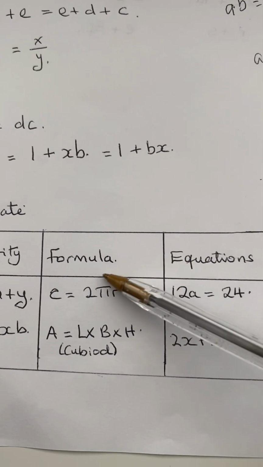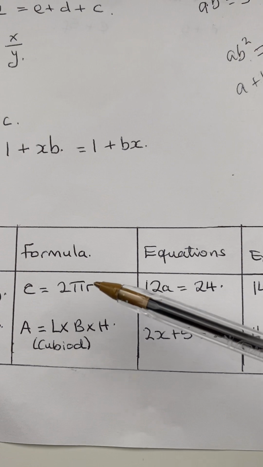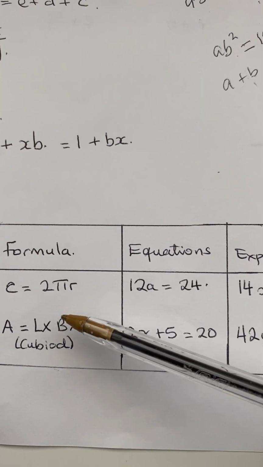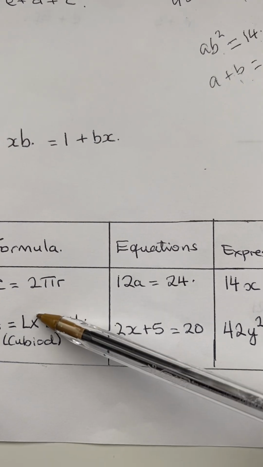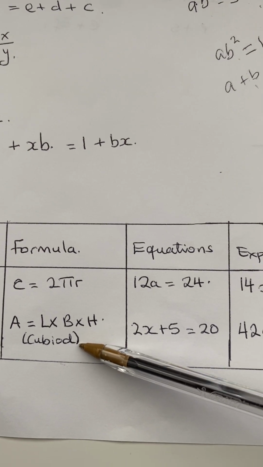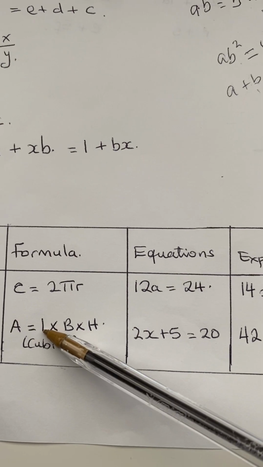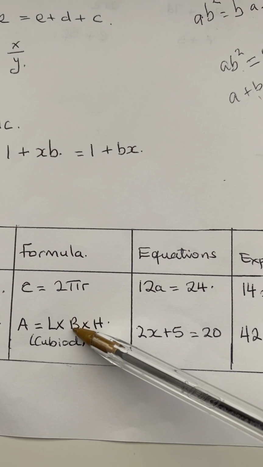And then the formula for area we all know. So if you have a cuboid and you know the length, the width and the height, you can find the area of the cuboid. Or if you know the area and you know the length and the height, then you can find the breadth or the width.